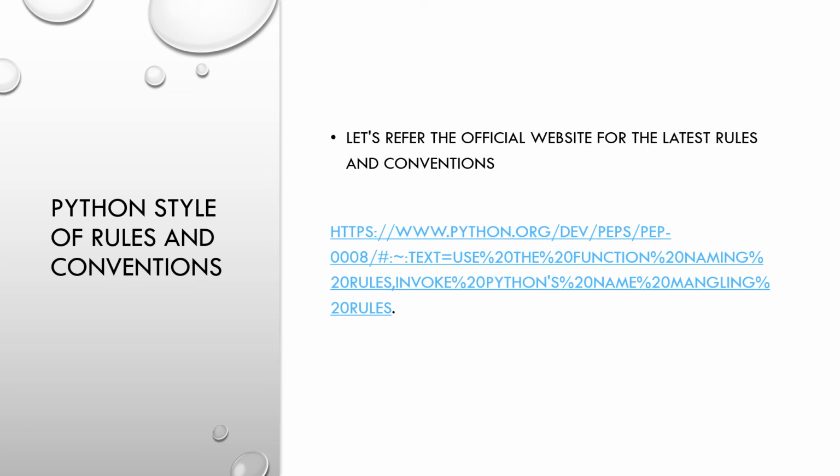Likewise, Python also has its own set of rules and conventions to write a program. So we cannot simply write like English words. There is a syntax that we need to follow, and based on the syntax given for that particular language, we have to follow it and then write the program.